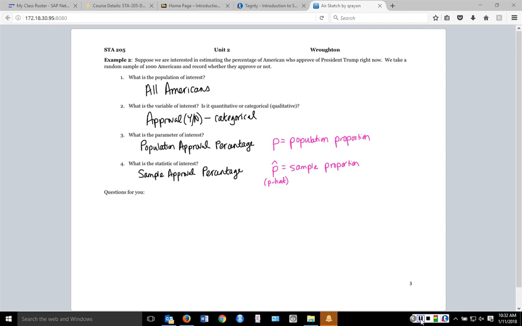So here are some questions for you to see where we're going with this. If for this example, we each sampled 1,000 Americans, we each go out, find 1,000 Americans, and ask them if they approve of President Trump right now or not, let's see how you'd answer these questions. Would we each have the same value for P hat?